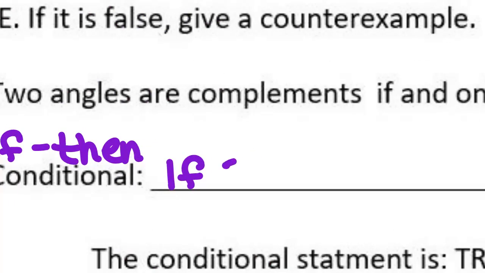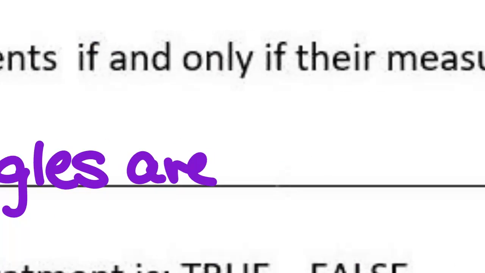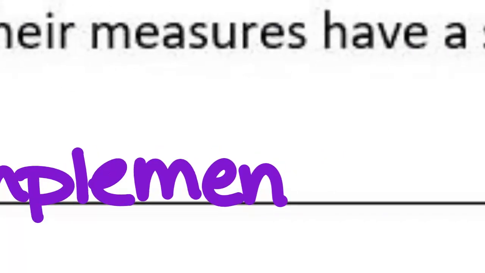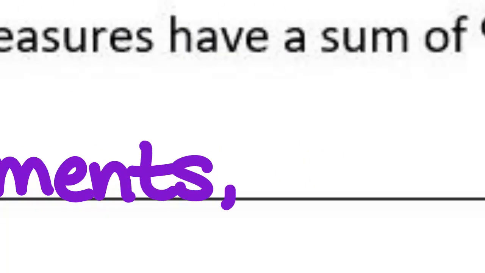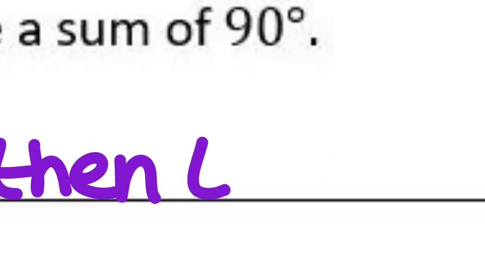If two angles are complements, then what? Then their measures have a sum of 90 degrees.